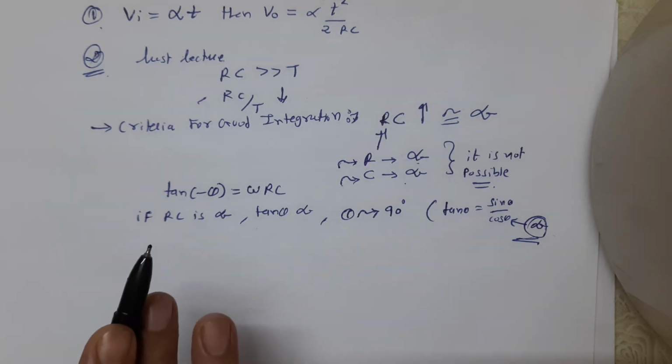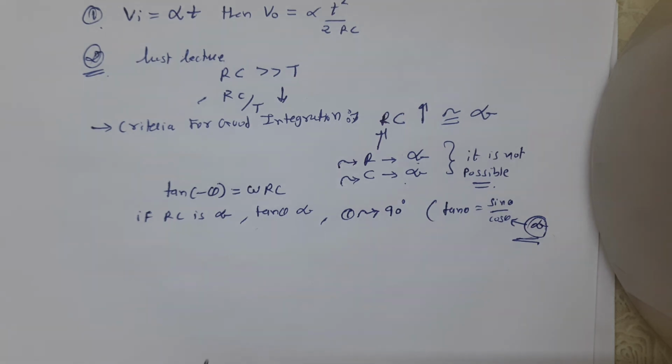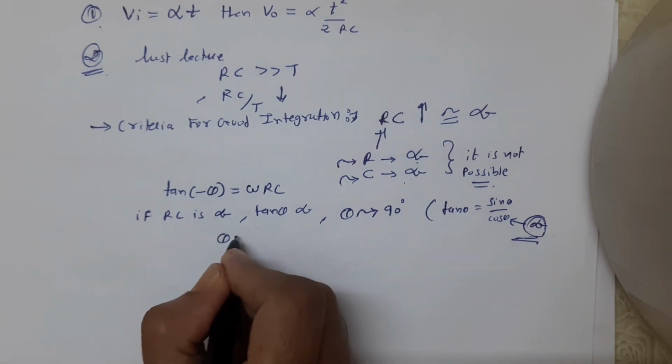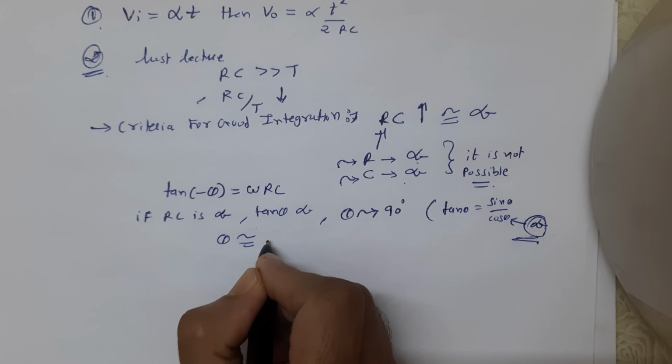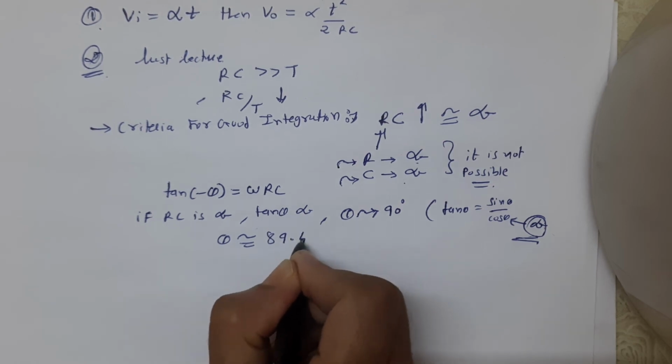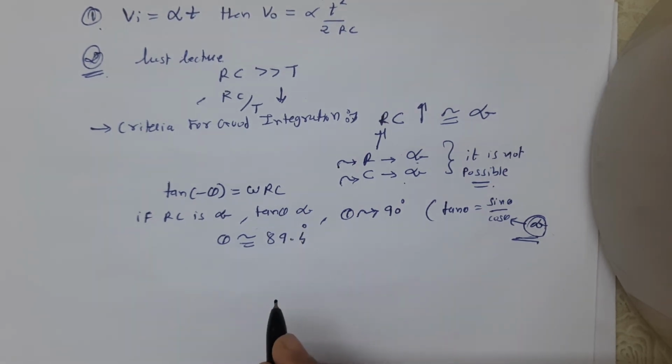For all practical purposes, we cannot choose theta as 90 degrees. So we choose theta nearly equal to 89.4 degrees.